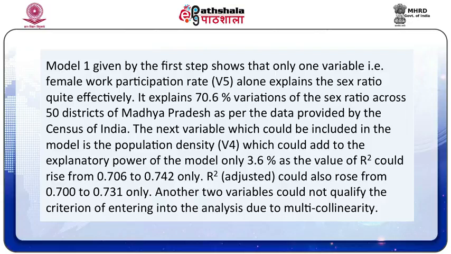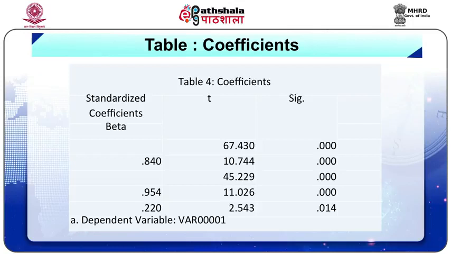The other two variables could not qualify the criterion of entering into the analysis due to multicollinearity. Once the model is chosen, the main results follow. These include regression coefficients of the selected variables, their standard errors, t statistics, and the level of their significance. These results are also given in table 4 below.